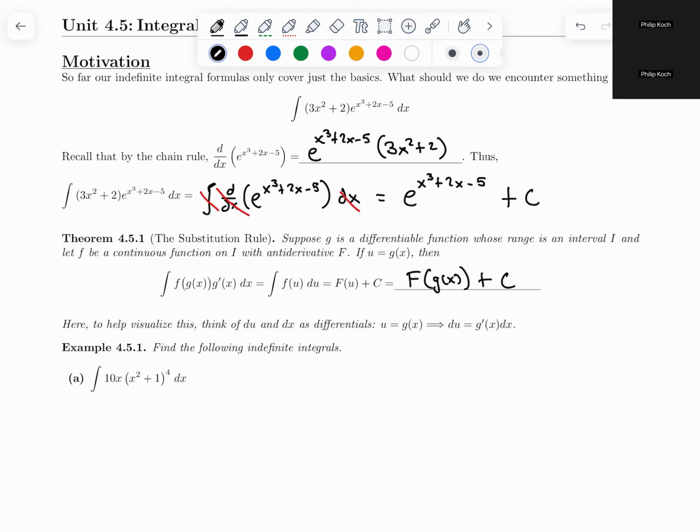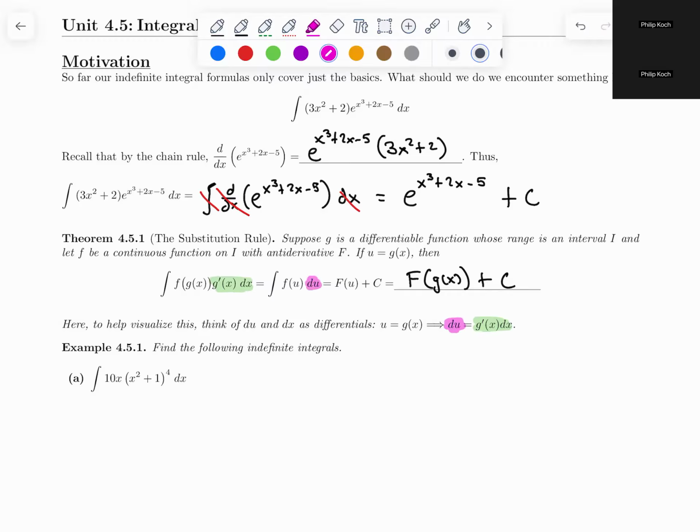So we remember what we talked about briefly with differentials: if y is equal to f of x, then dy is equal to f prime of x dx. So basically, we're replacing this g prime of x dx with a du.